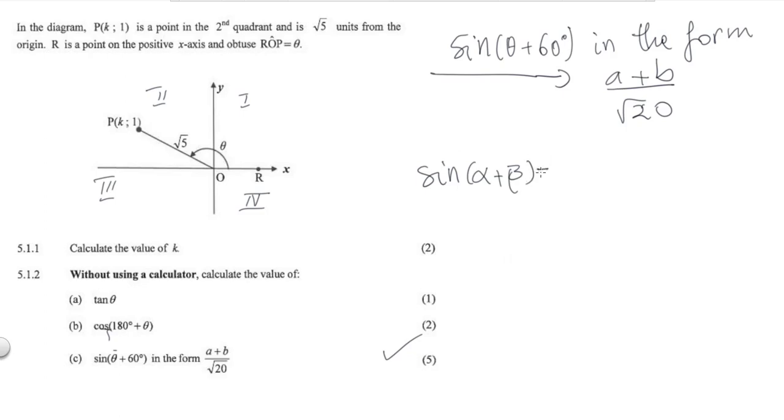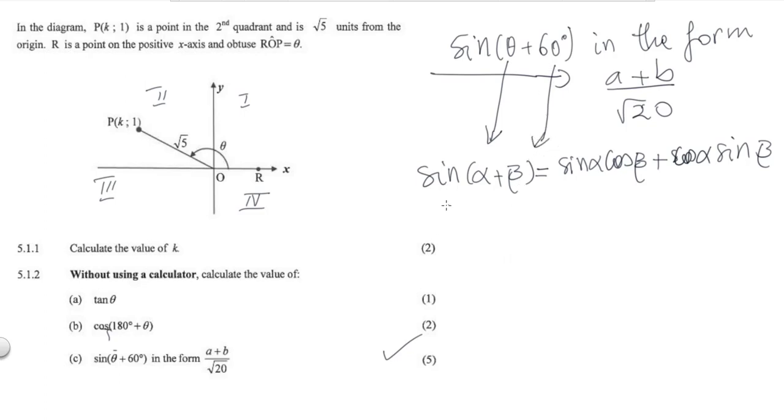which is going to give you sine alpha cos beta plus cos alpha sine beta. Alright, so our alpha will be theta and our 60 degrees will be beta.